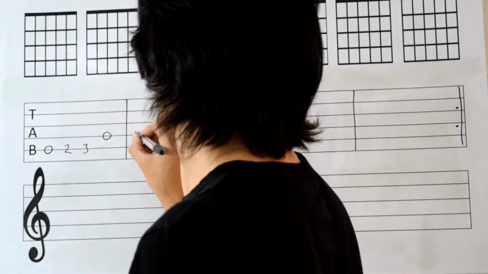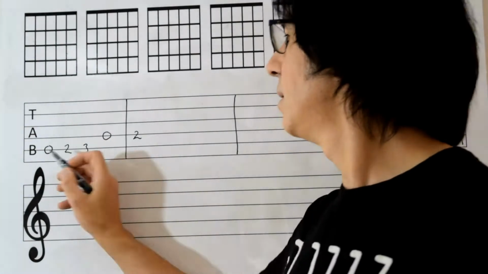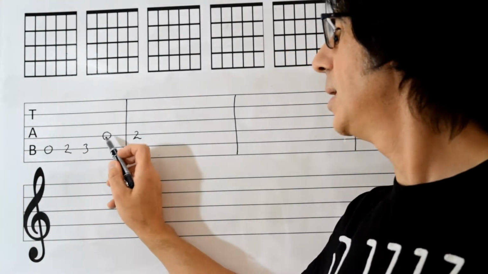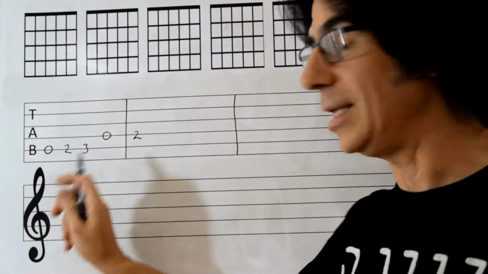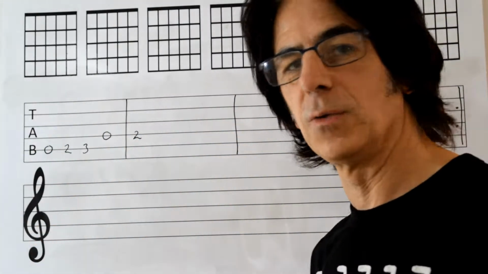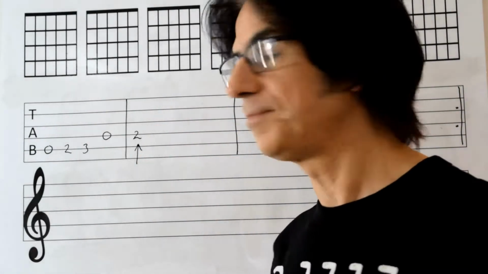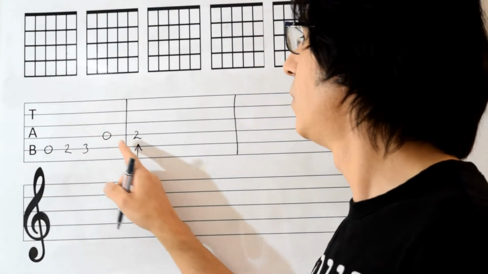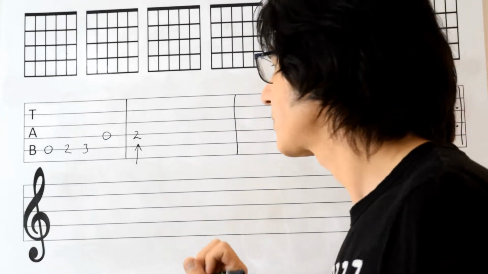Open, 2. That gives us A, B, C, D, E. Now I'm going to call that a phrase. One of the reasons why I'm going to call that a phrase is because E is one of the chord tones. It's the 5th note of the scale, as we can see there.